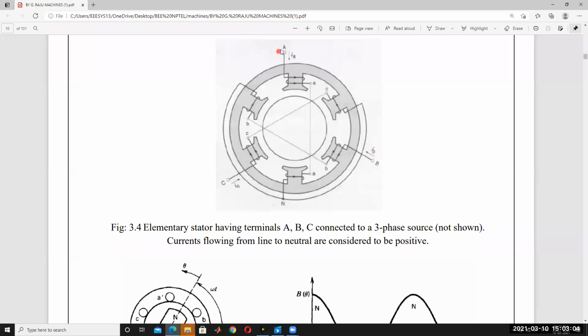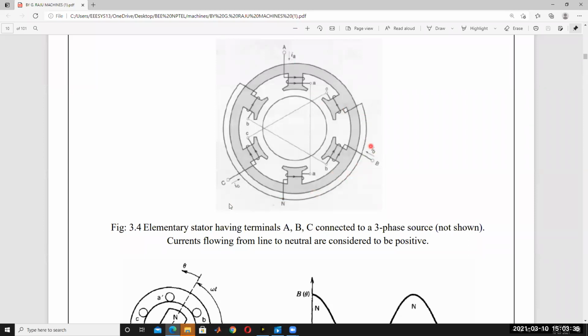The C phase is also connected like this to the neutral point. That means this is a star connection.